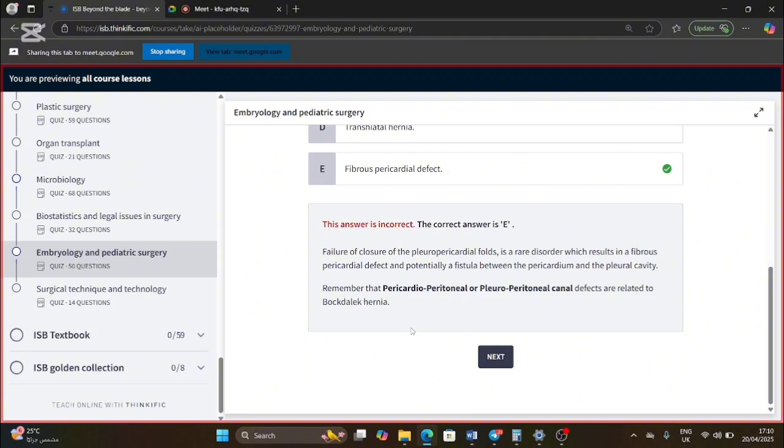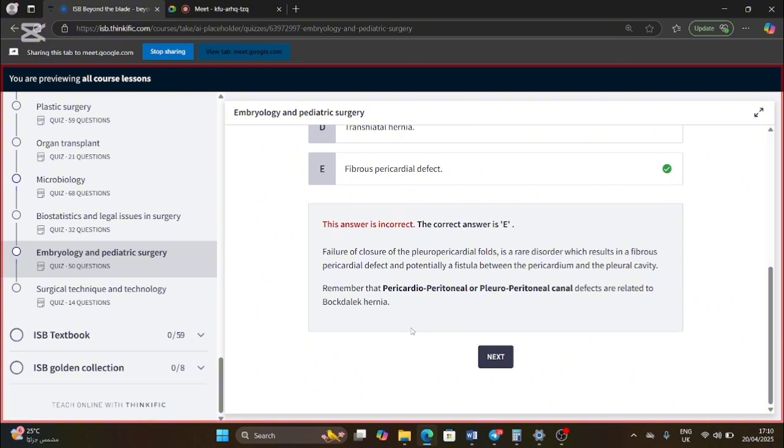Look, this is a rare defect. The pleuropericardial defect is a rare defect. In the exam, they may ask you, for example, if they say pericardioperitoneal, that defect leads to central diaphragmatic hernia.